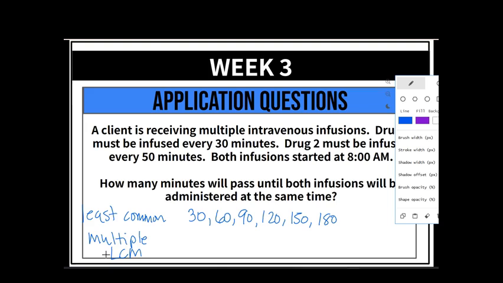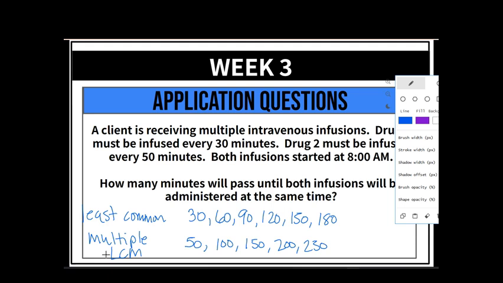So this is a list of just a couple multiples of 30. We're going to do the same thing again for 50 as well. So let's start with 50. There'll be another infusion at 100, 150, 200, and 250.